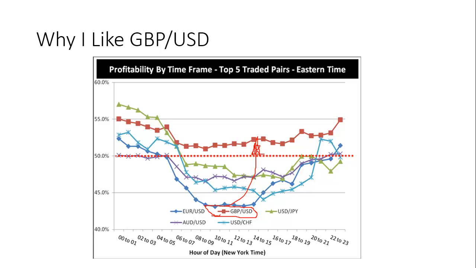Okay, and you'll see for the others, for instance, dollar yen, basically after New York opens, around 6 to 7 they start getting busy and it starts being loss-making for traders. Similarly, a lot of these, when New York is closed, so it's early morning in New York time, is when they're profitable, the most being US dollar, Japanese yen, which is right up there, up until the point where America opens.